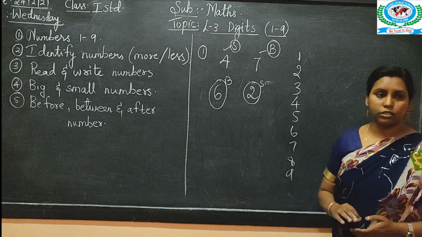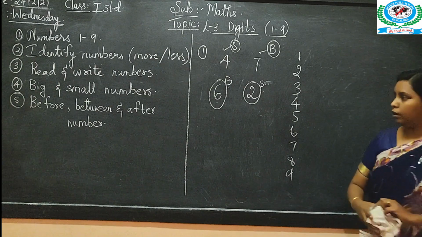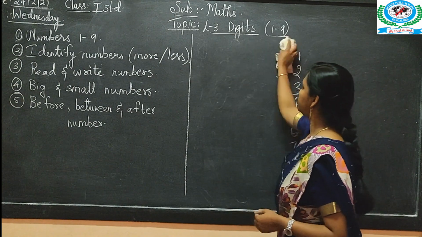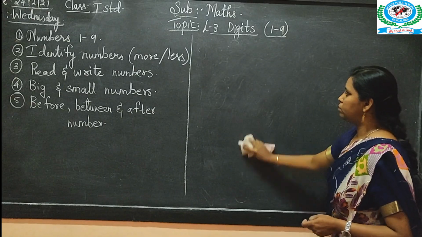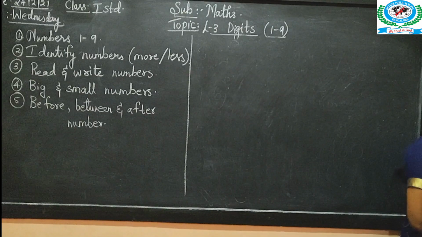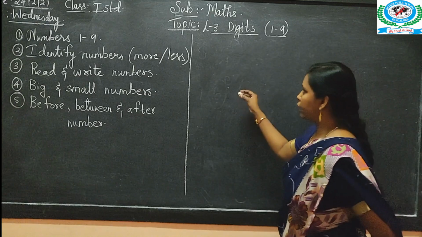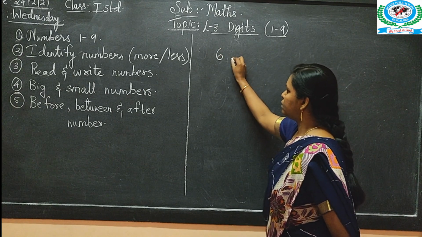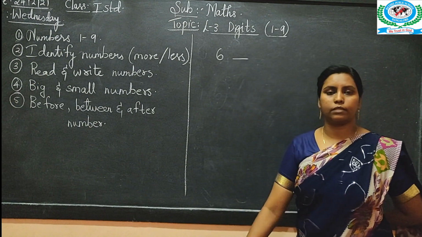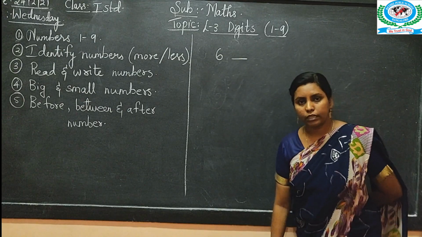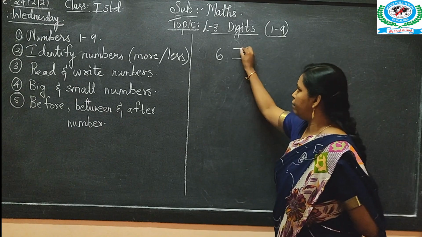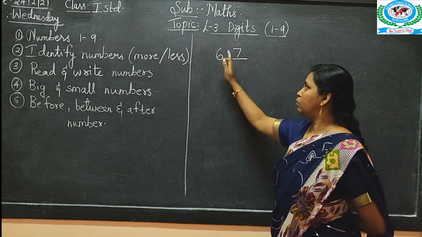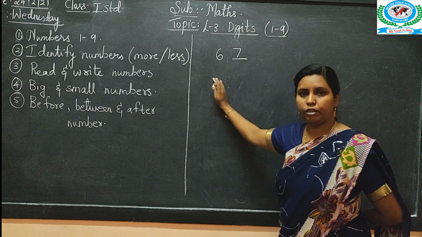Okay, move on to the next unit, that is the numbers which come before, the numbers which come between and the numbers which come after. Suppose I give you the number 6. What is the number after 6? This is 7. How is it 7? You just have to add one to the given number.